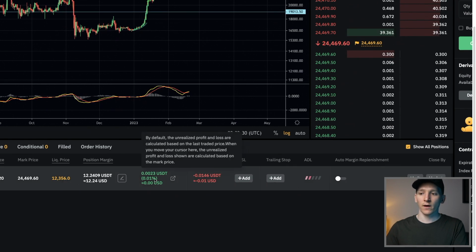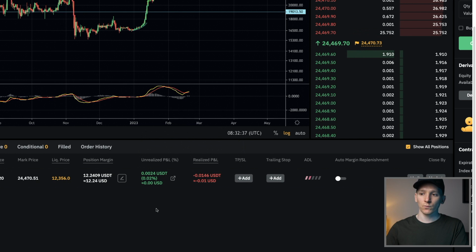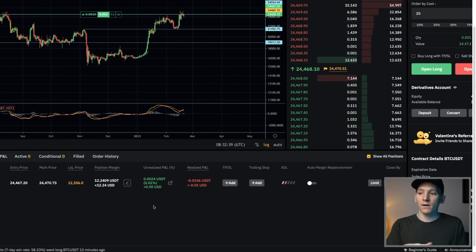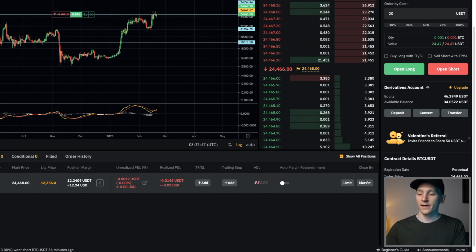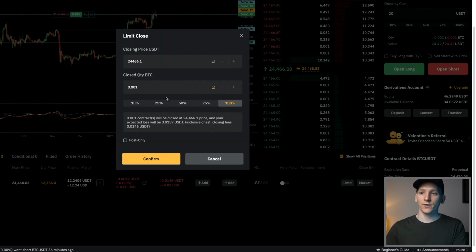We have unrealized P&L. As you can see, it will be 0 because I've not traded out any of the position. What we can actually do is cut a little bit of the position and take some of the profits if we have them. So if you take some profits, as you can see here, you choose a limit or a market order, and you can actually close, like we can see here, close price.